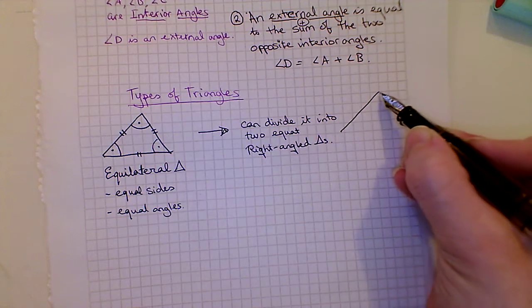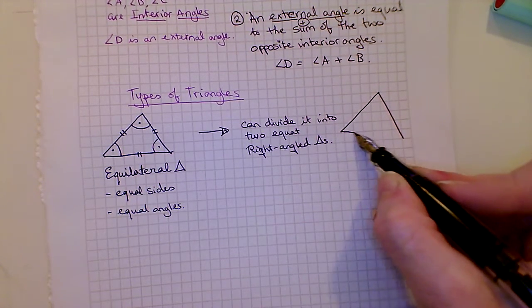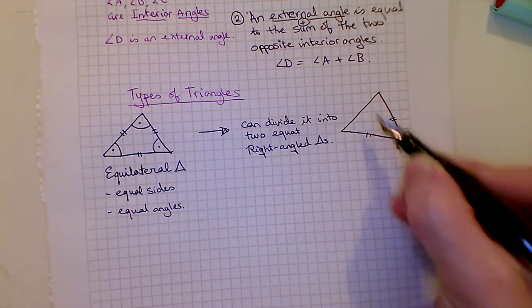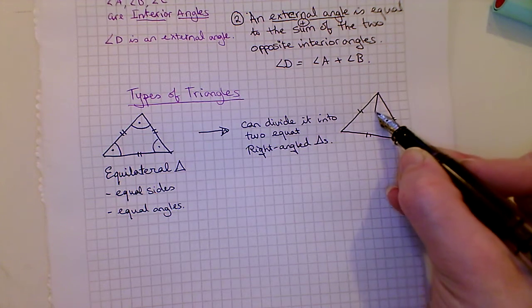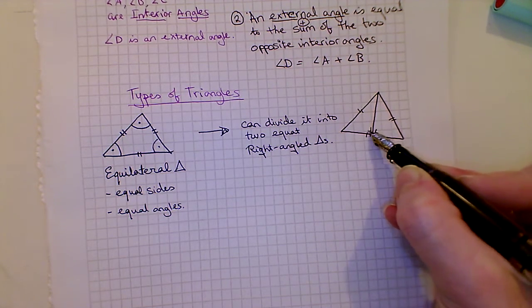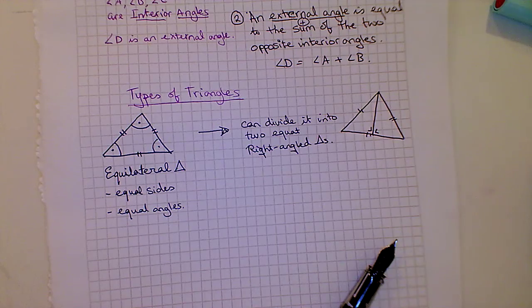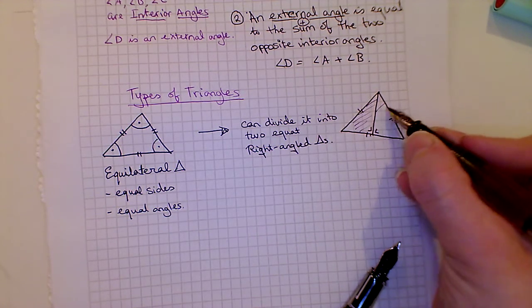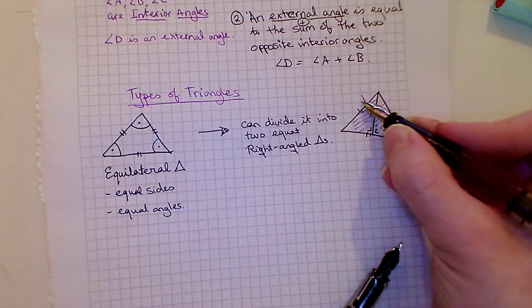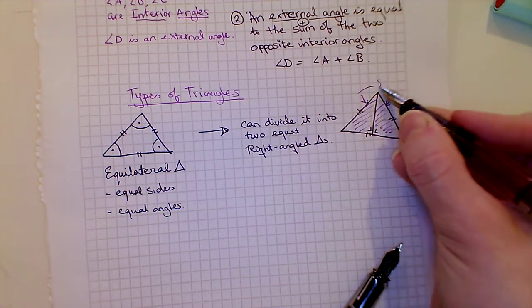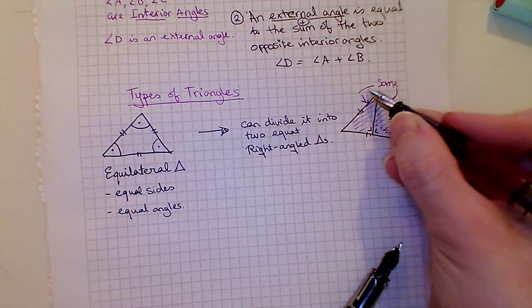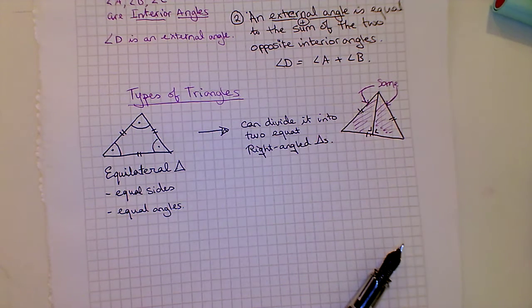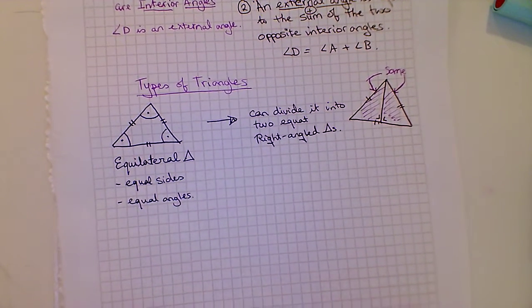Okay, so if I have an equilateral triangle, all three sides the same, and if I divide it down the middle, like this, then this triangle and this triangle will be the same. They'll have all the same angles, they'll have all the same side lengths. They won't be equilateral triangles themselves, but they'll be the same as each other.